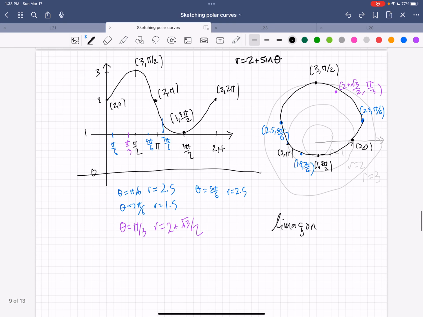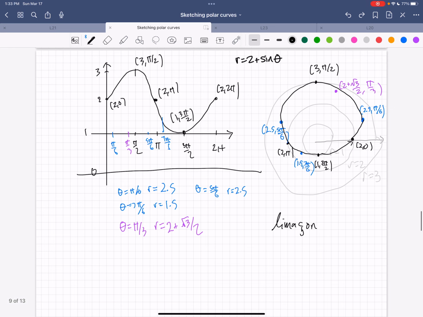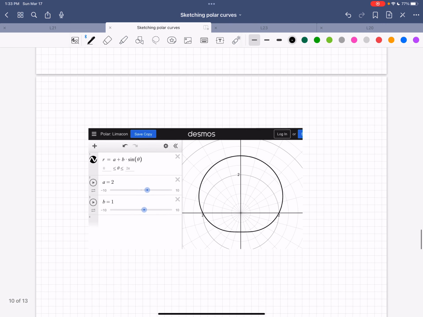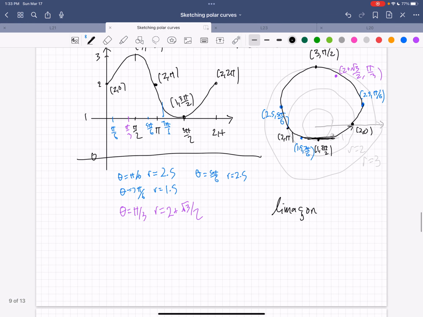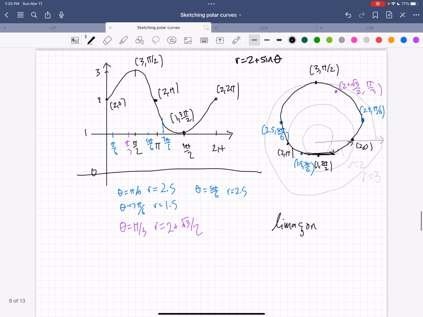I still haven't looked up if that's how you're supposed to say it. But yeah, this is a weirder one. It does get kind of flat on the bottom and grow like that. Yeah, we can plot, of course, more of these angles to get a better sense. But that's the idea.